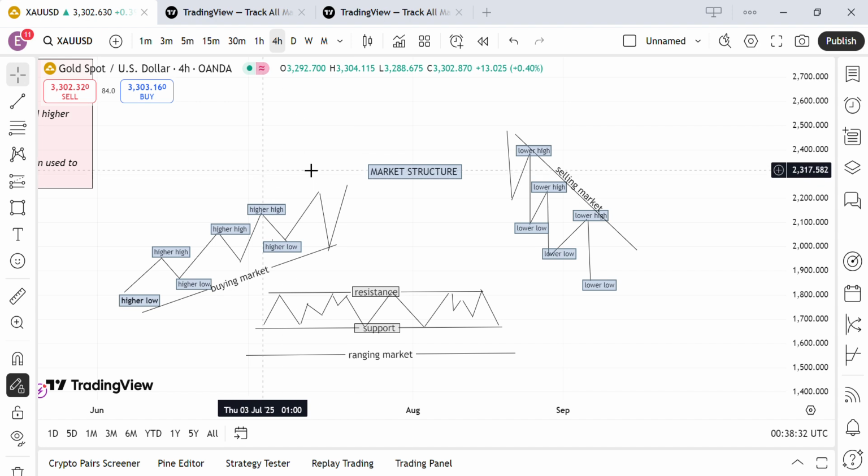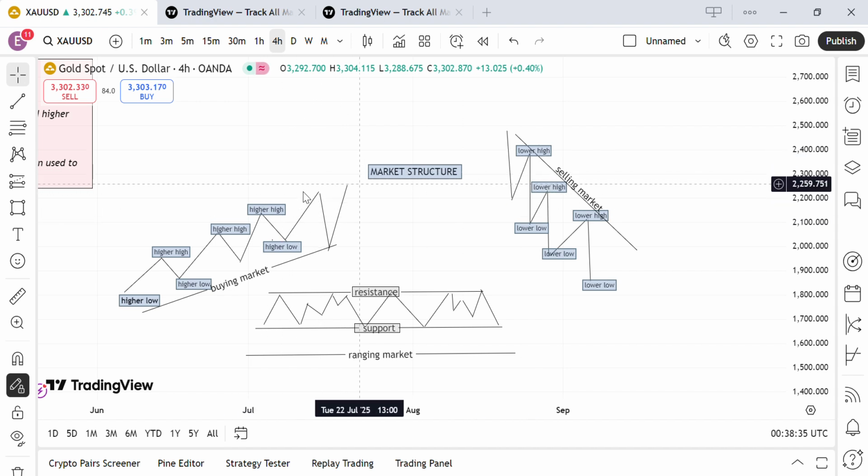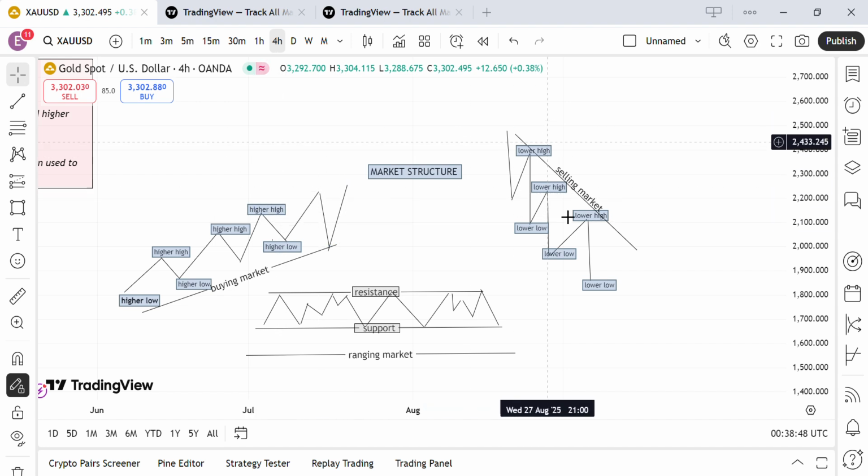So when it comes to trending market, these are the two forms we use in identifying if a market is trending. Either it's trending to the upside or it's trending to the downside. Either it's buying or it's selling.